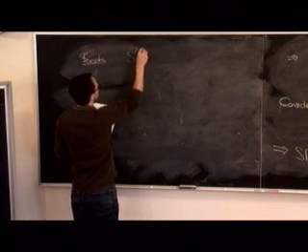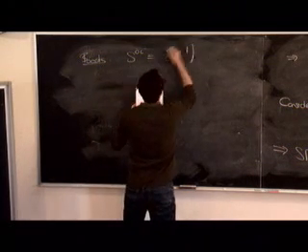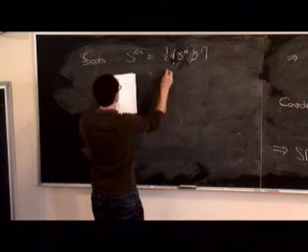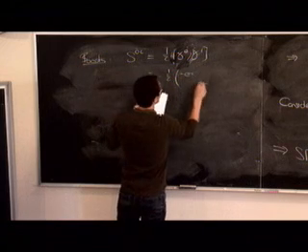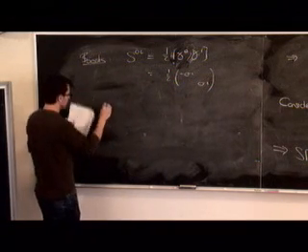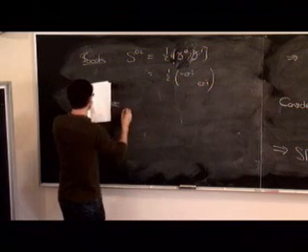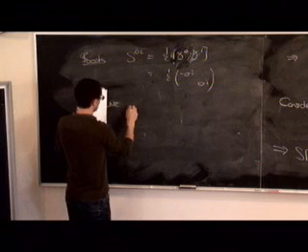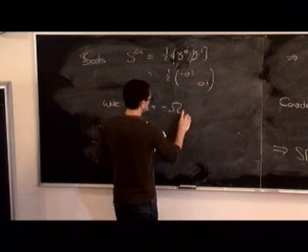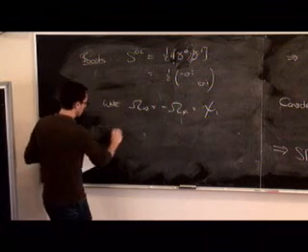For boosts, we're interested in S0I. These are what the generators look like. They're just Pauli matrices. I'll write the boost parameter in terms of chi, and then compute the boosts.